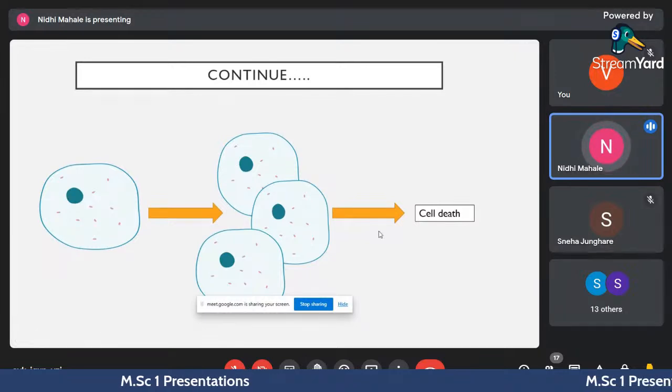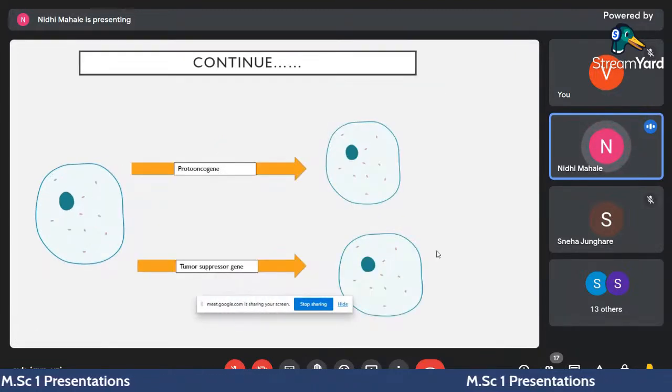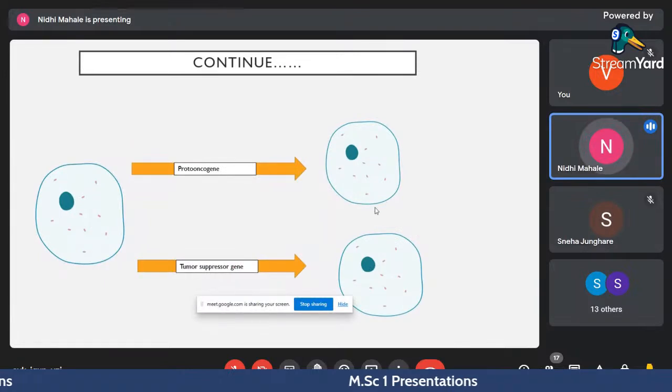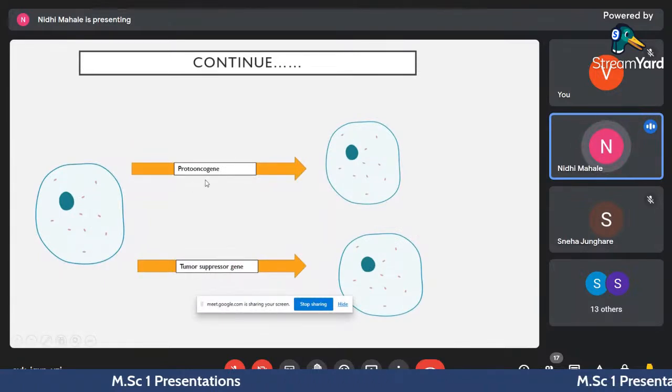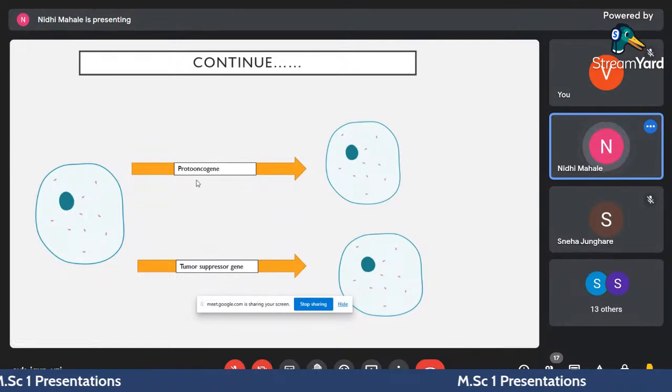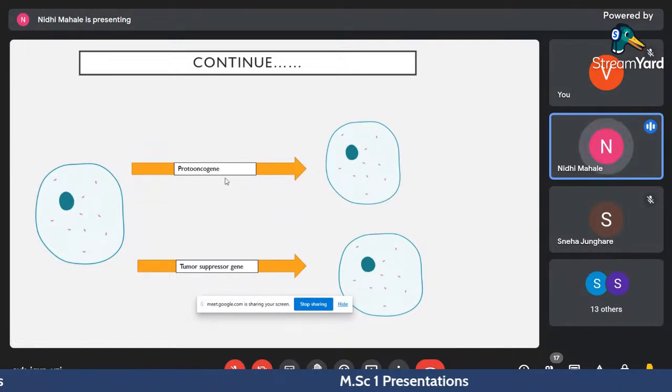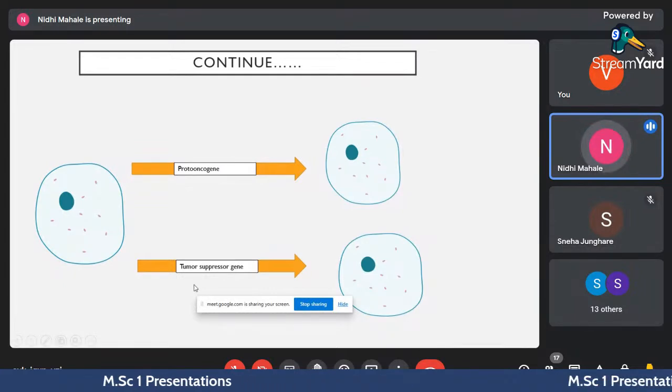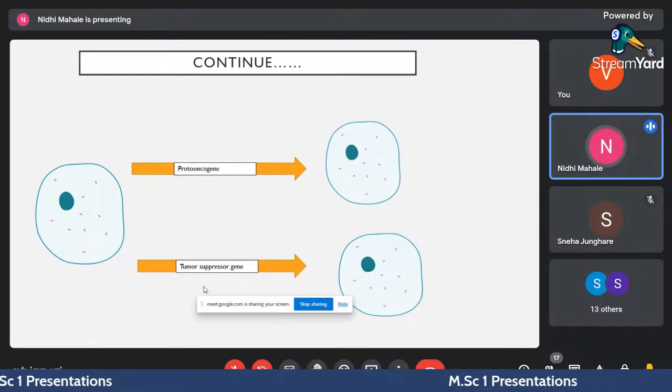So there are two categories of genes. One which promotes cell division, proliferation, and growth, called proto-oncogenes, while the other category is tumor suppressor genes, which prevent the excessive growth of cells or tissues.